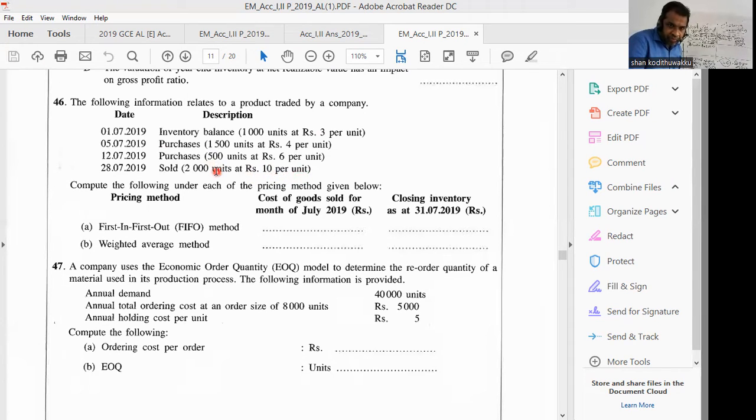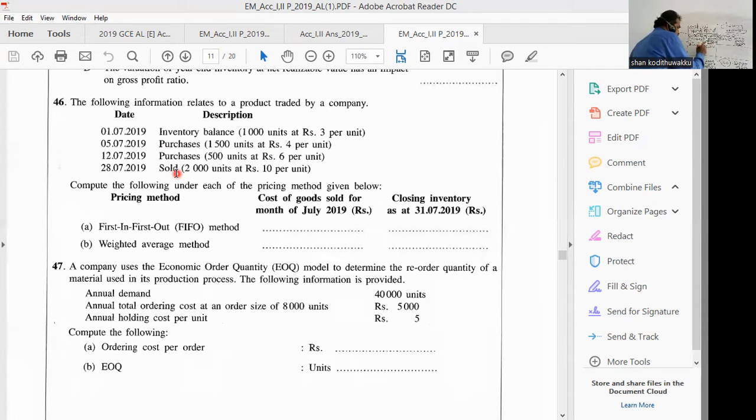We had 12,000 value of inventory, and the total number of units is 3,000, not 4,000. 12,000 divided by 3,000 will be 4. 4 is the latest average price.